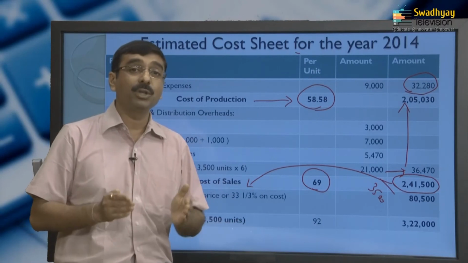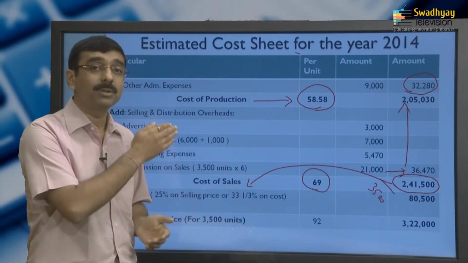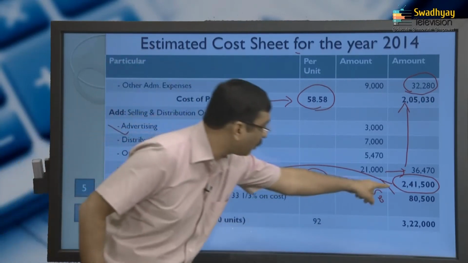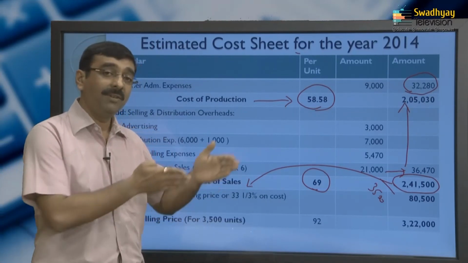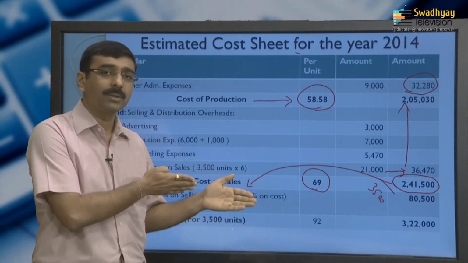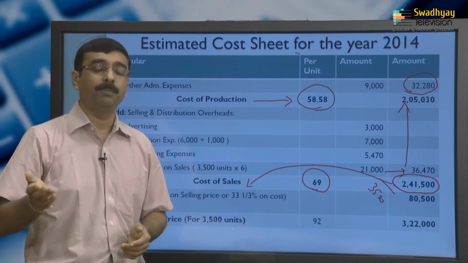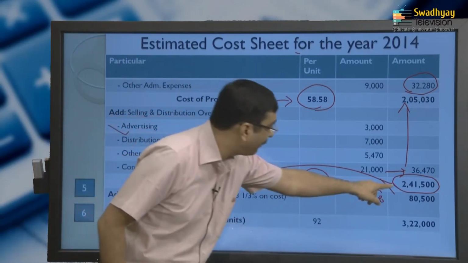That is why we put an equation. If they were charging a profit of 25% on sales, how much percent profit can be charged on cost? Because we have a cost price, but we don't have a sales price. So according to the proportion, if 25% profit is charged on sales, you can charge 33.33% or a 1/3 part of profit on cost, and that is why we divided by 3.